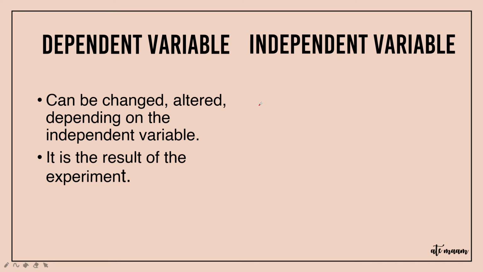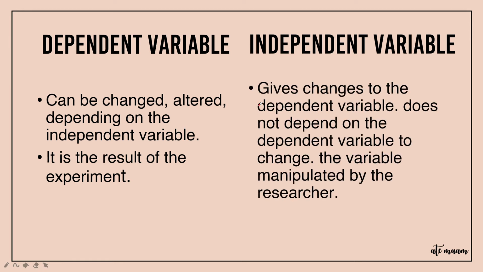Nakadepende siya sa independent variable. It is, most of the time, the result of the experiment. Independent variable, it is the one giving changes to the dependent variable. It does not depend on the dependent variable to change. The variable is manipulated, if possible, by the researcher.